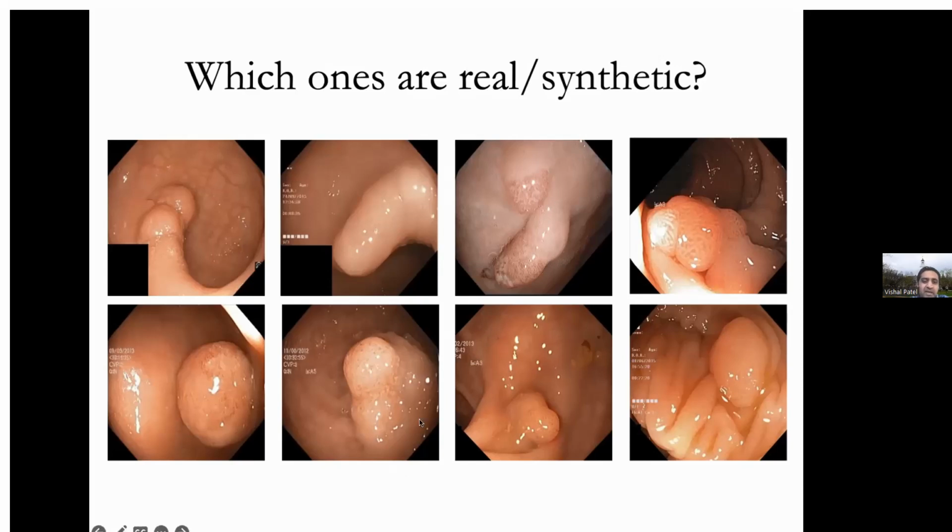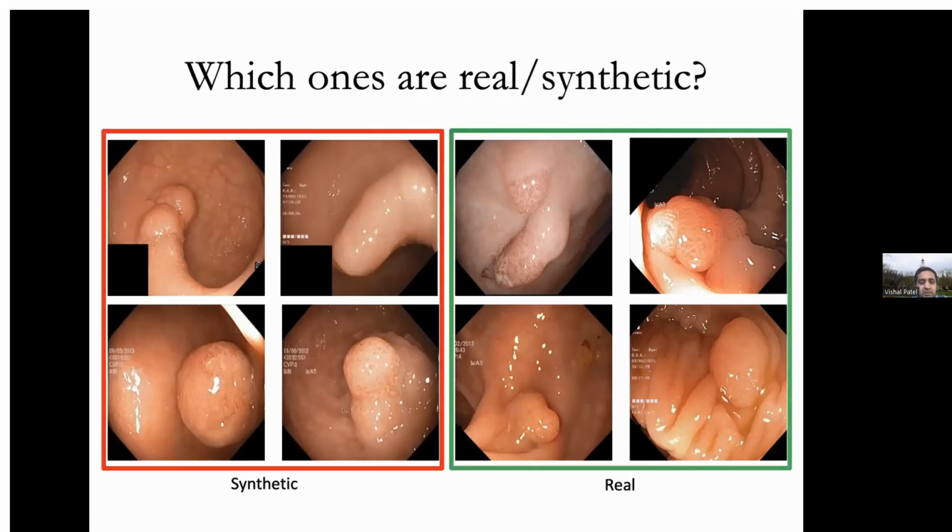And when you look at them, it's very difficult for you to determine which one is real and which one is synthetic, right? You may be able to figure that out if you stare at these images for some time. But when you just look at them, they're very good quality images, and you don't know which one is which. If you look at these images very closely, you can see that the ones on the left are the synthetic images, and the ones on the right are the real images.